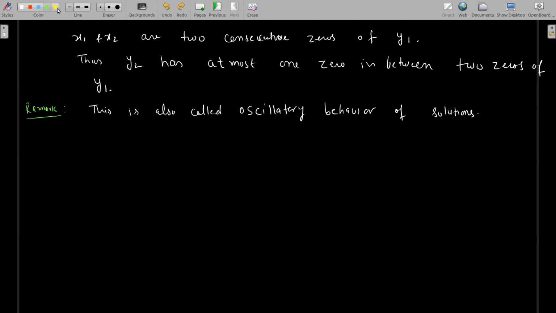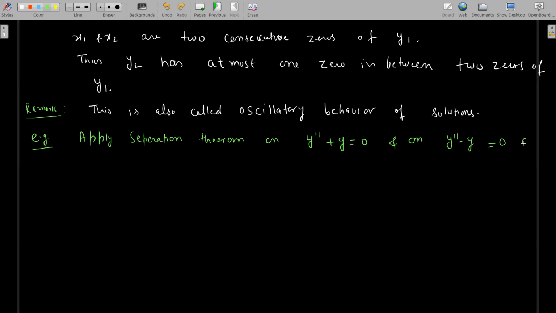For example, if you can apply on this example, let us say apply separation theorem on this and comment. So for the simplicity, I am taking constant coefficients.